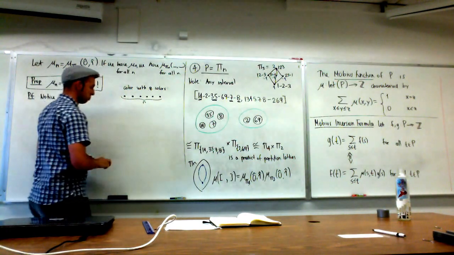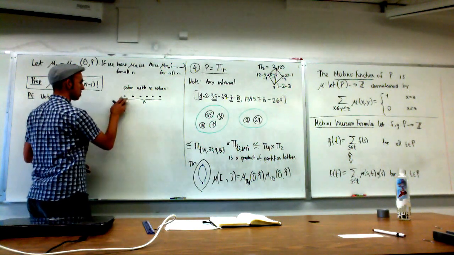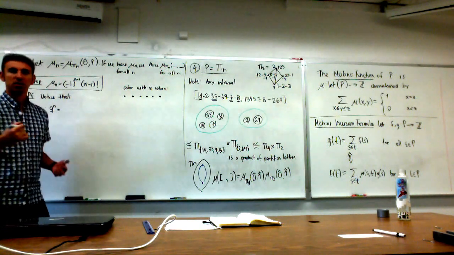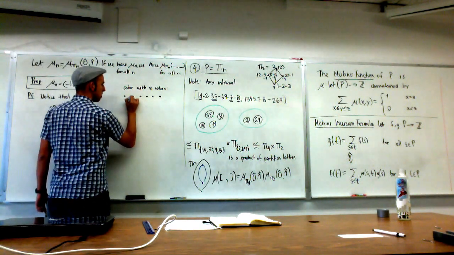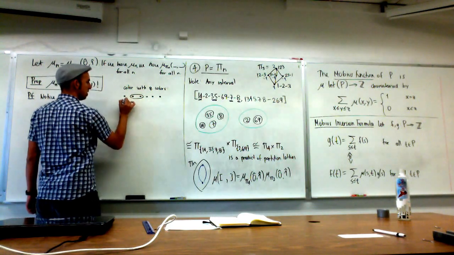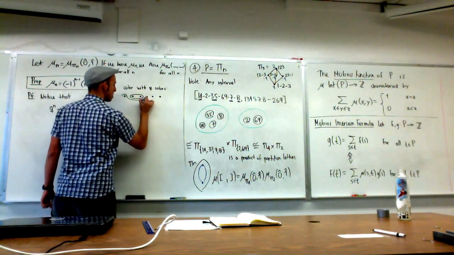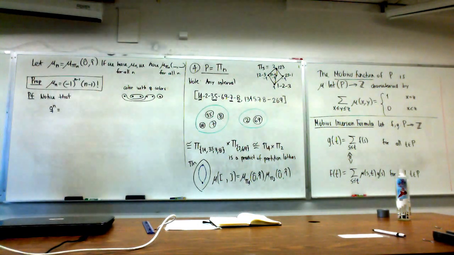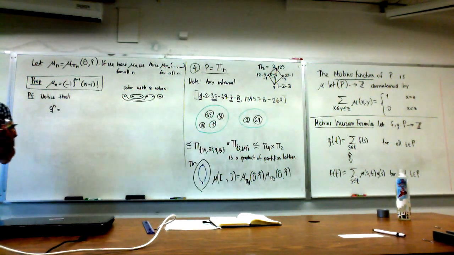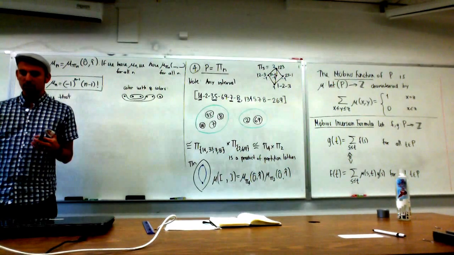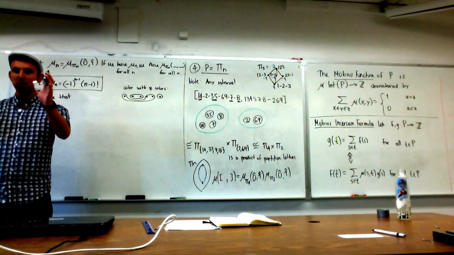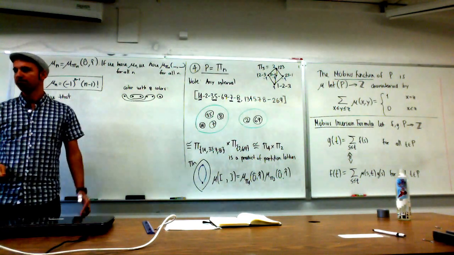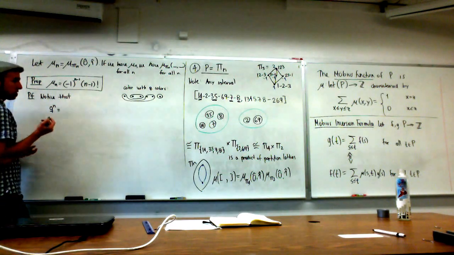So I could say let's say that I want a coloring where maybe these two have the same color and maybe these 3 have the same color and this one has its own color and these colors are different. In other words, I'm going to choose my balls, put them into different groups, and then each group I'm going to color with a different color. So what's the number of ways of doing that?